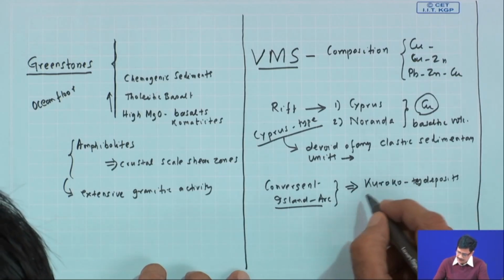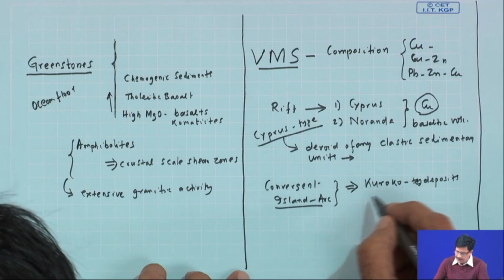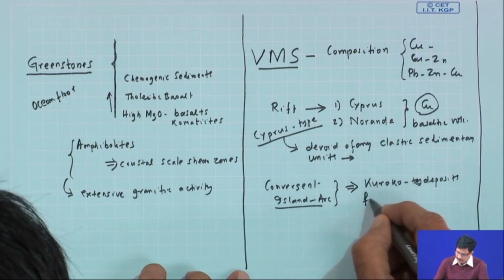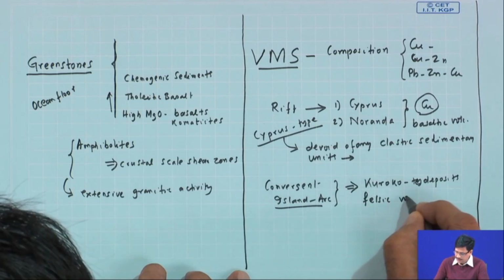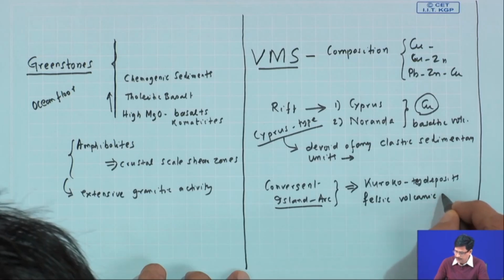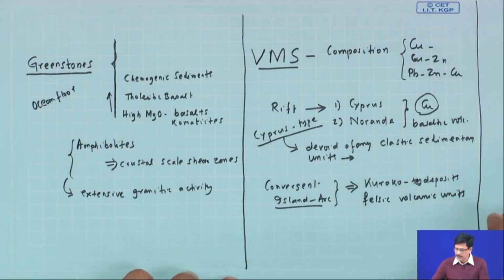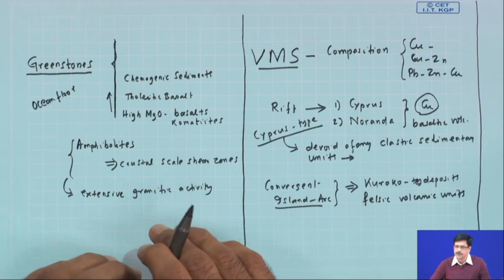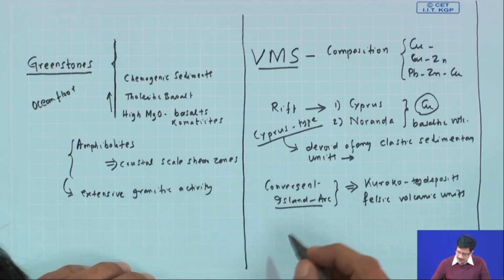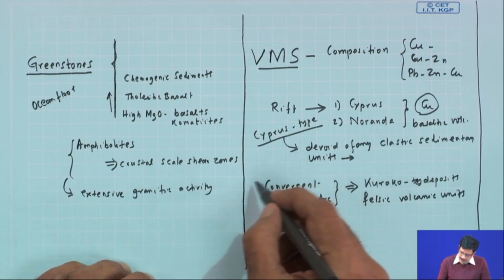Kuroko deposits are essentially associated with the island arc and are mostly associated with felsic volcanic units, maybe some smaller other units, and bimodal volcanism could also be present there. And there is a third type.